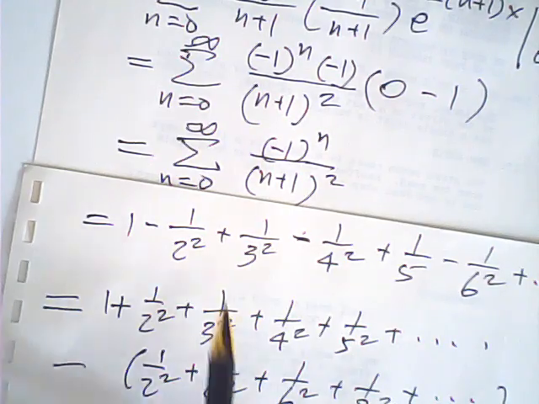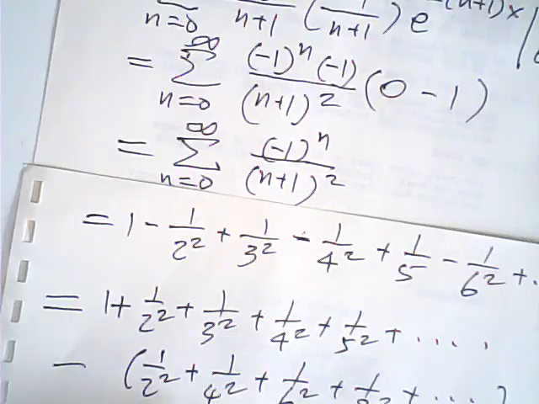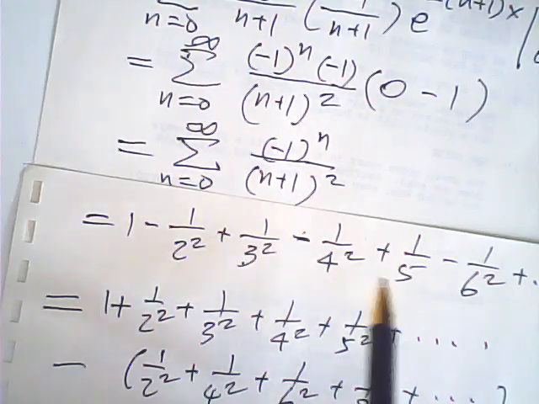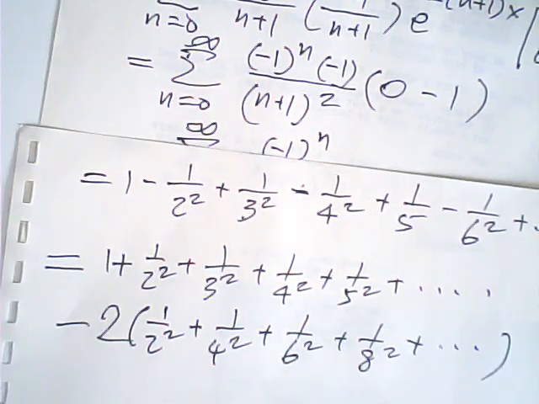This one minus this one, but it's not equal to that. This minus this one becomes this. So if you want to keep the negative, you have minus another one, so minus twice. Then they are equal.